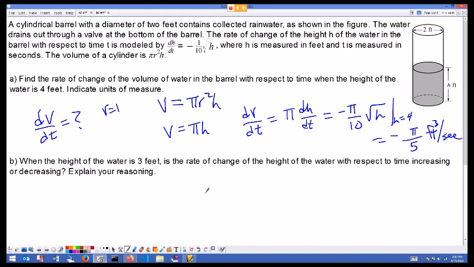But then that whole second part of it cancels out, and you're just left with the pi r squared dh dt, and the r is 1, so that cancels out anyway. It still just becomes pi dh dt. Does that make sense? Yeah. Okay. Any other questions on that?